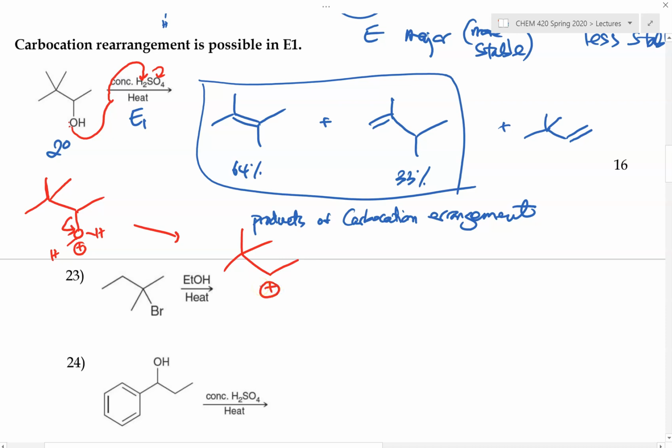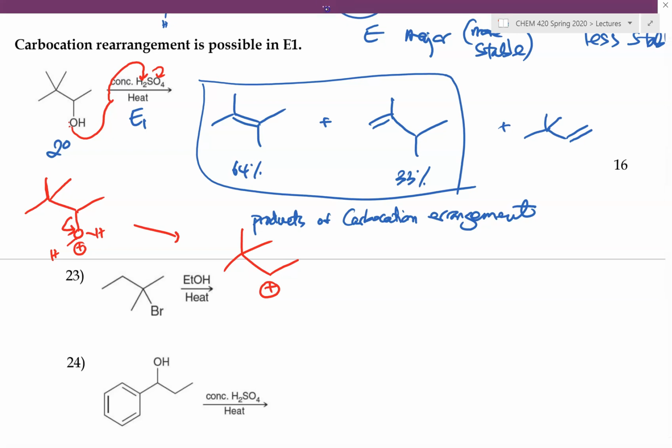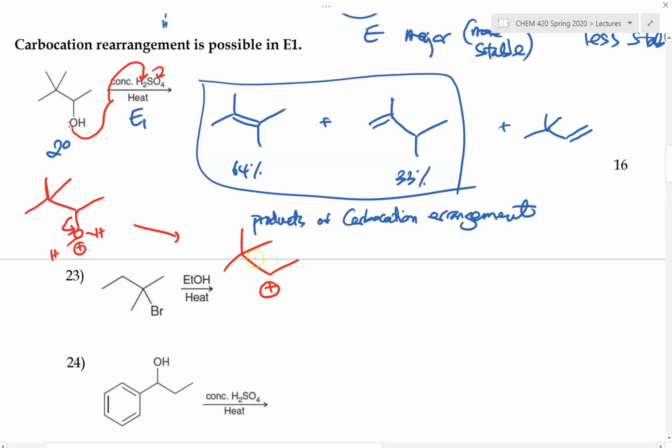And this is a secondary carbocation, which is not the most stable type of carbocation that we have seen. So in this case, it would then undergo carbocation rearrangement through a methyl shift, with the methyl group from the nearby carbon coming in and attacking that. And now we are forming a tertiary carbocation, which is more stable.